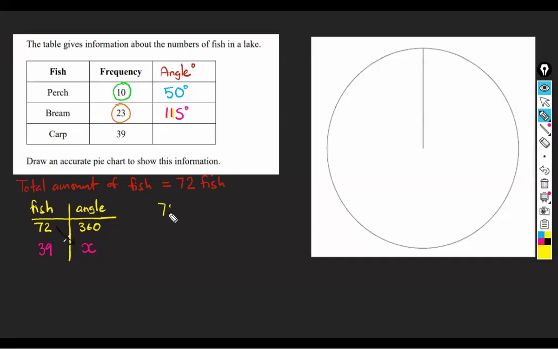You're getting 72x. And 360 by 39. Got a huge number here, 14,040. 72 is a multiply. Throw it across. You get a divide. And I'm getting 195 degrees. All right. 195.